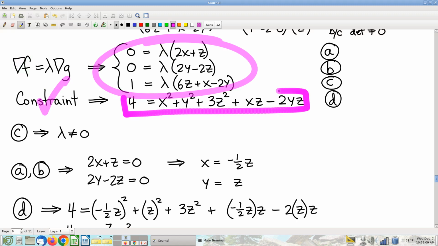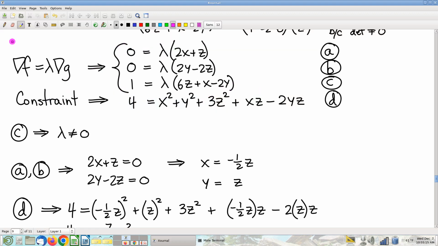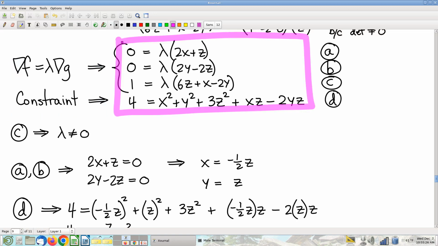In other words, only if they satisfy this equation too. So really, altogether, when we say we're looking to solve the Lagrange condition on our constraint set, what we're really trying to do is solve this system of 4 equations. And notice it's 4 equations with 4 unknowns: x, y, z, lambda.